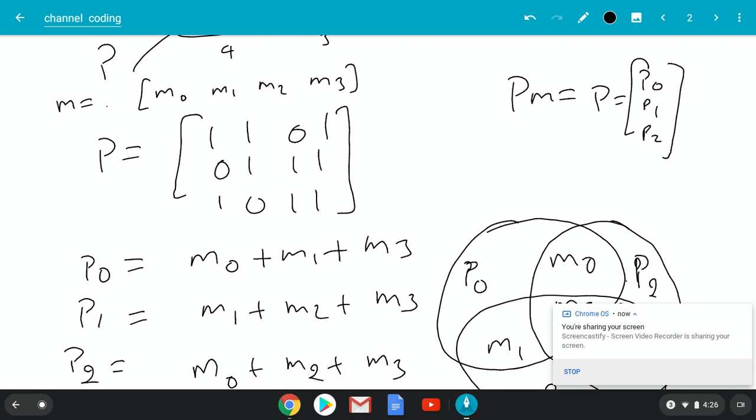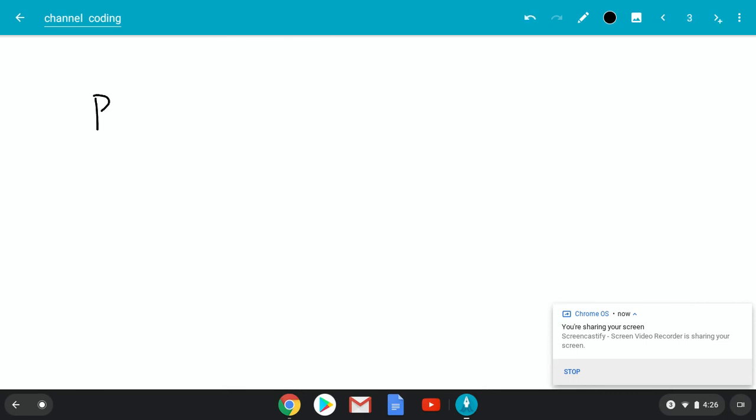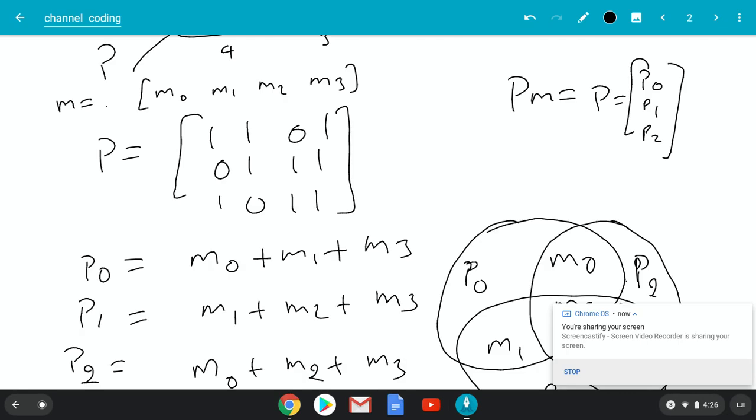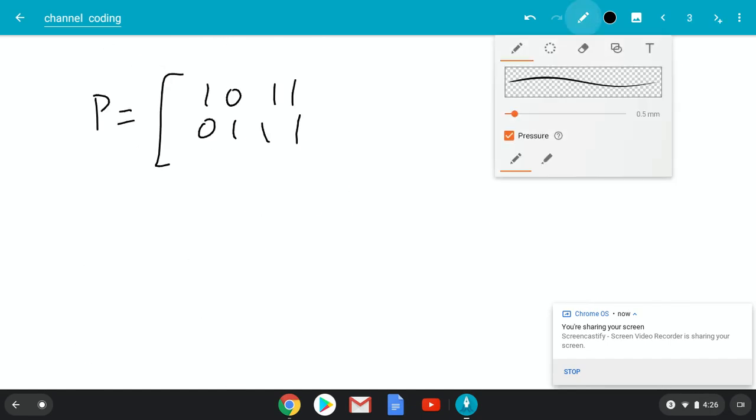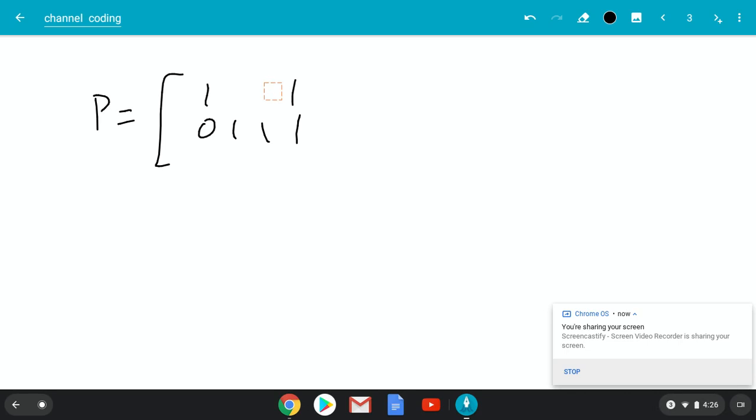Okay, so parity generating matrix is 1101, 0111, and 1011.